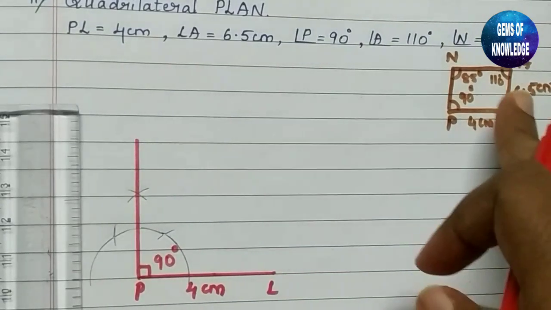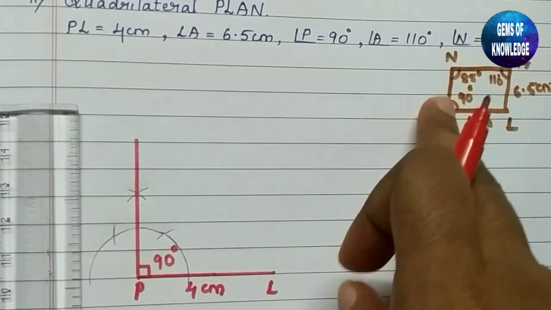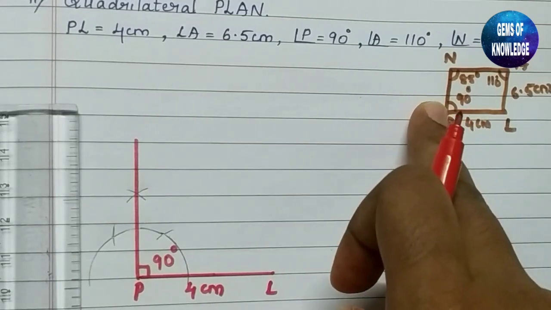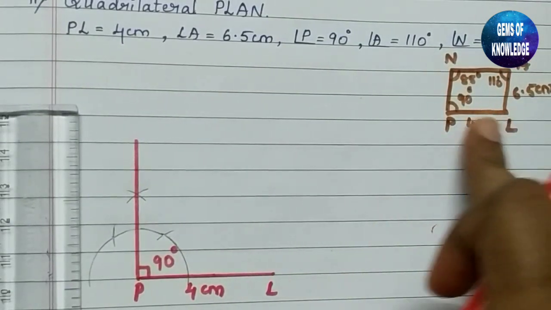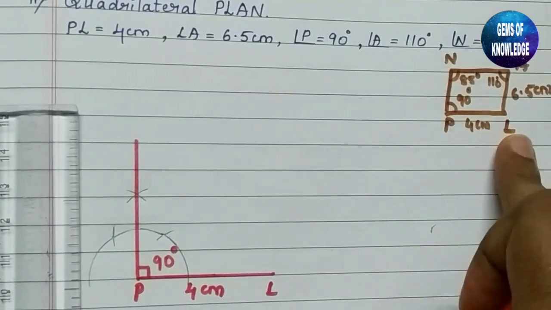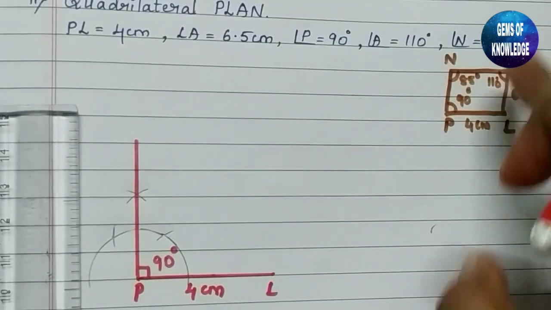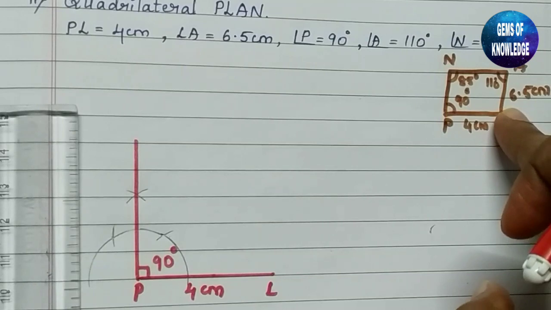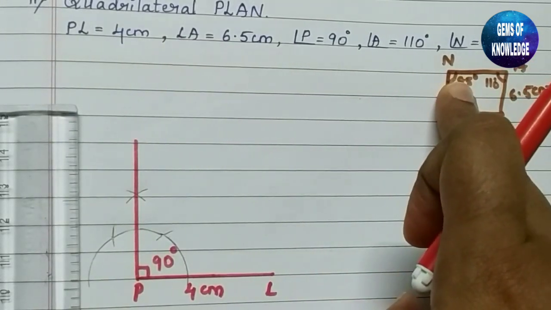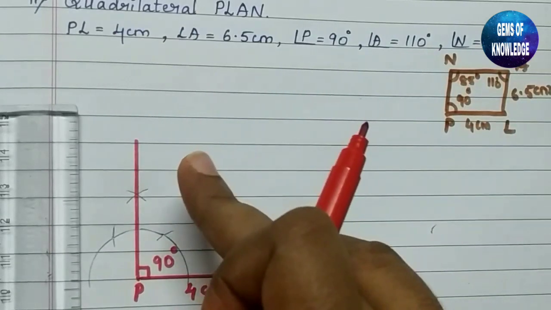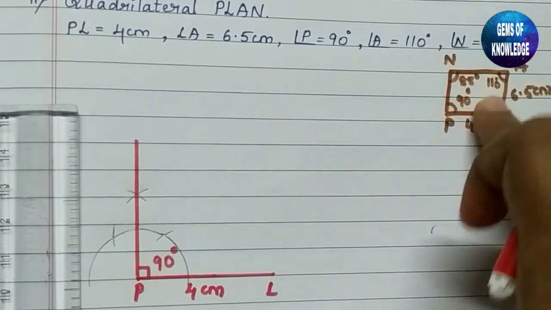Okay, so you can see this angle is nothing but our 90 degree angle. Then the measurement of this side has not been given. The only sides given are PL equals 4 centimeter and LA equals 6.5 centimeter. Here we need 85 degree, which is not possible to draw directly. Here we need 110 degree.